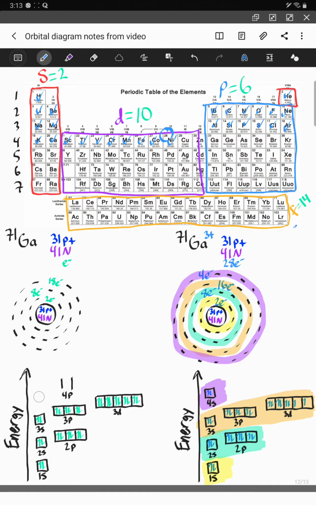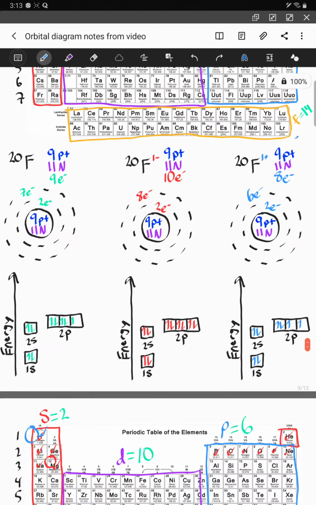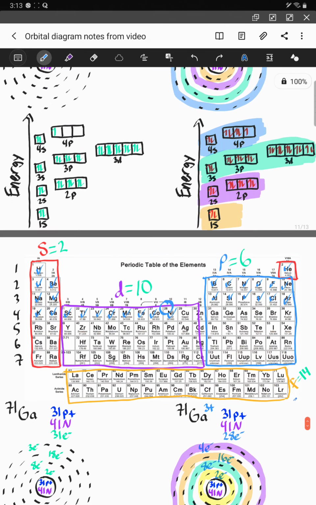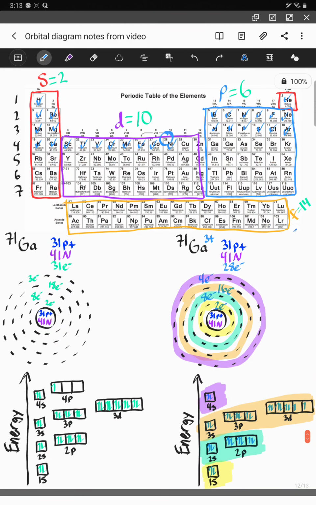If I would have erased these 3 electrons, and then if we look at our orbital diagram, we now have 18 electrons in the valence shell, which is not possible. So therefore, we need to make sure that we erase the correct electrons so that we do not end up with more than 8 electrons in the valence shell.